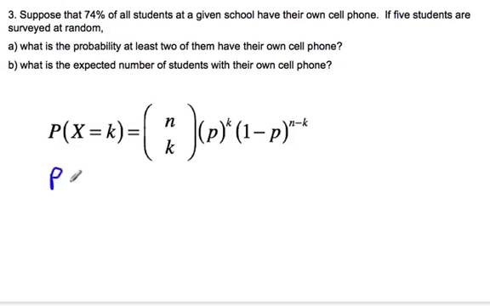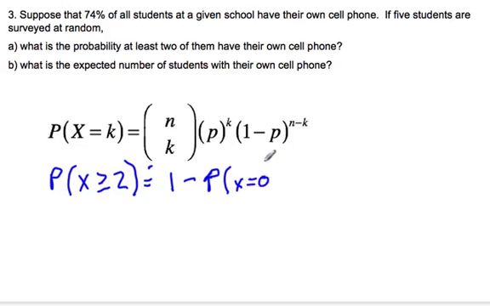So the probability that the number of students that had cell phones is greater than or equal to 2 out of the 5 chosen will be equal to 1, or 100%, minus the probability that x equals 0, the probability that we find no students out of 5 having a cell phone, minus the probability that x equals 1, or we find that 1 out of 5 students have a cell phone, I should say.